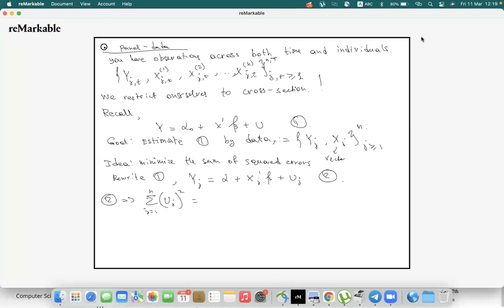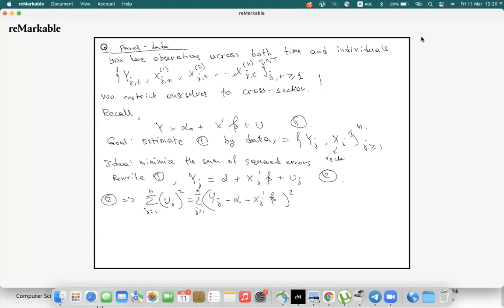Do you agree that it's like this? Oh wait, I forgot the summation, right? I mean, it's silly. Do you agree that it's like this?